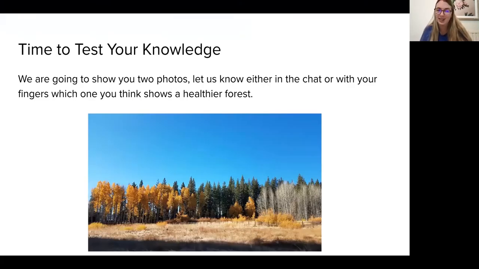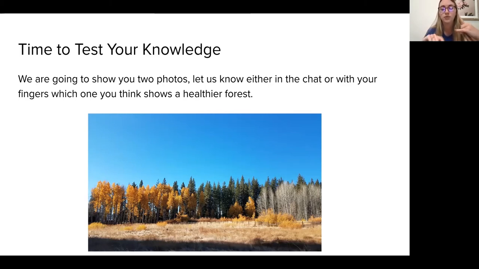Okay, so it is time to test your knowledge again, and we are going to do another quiz that has the same format as the last few questions that I asked during the factors of a healthy forest. I'm going to show you two photos of different forests, and I want you to take about 30 seconds to make some observations based on the four factors of forest health that we talked about and try and determine which one is healthier.